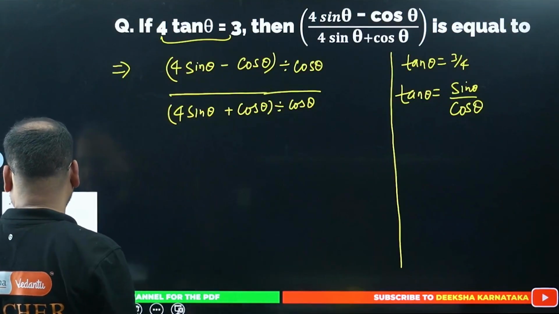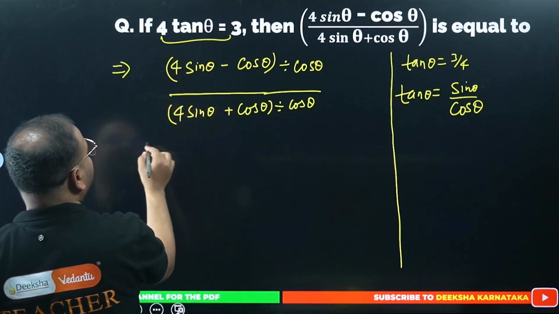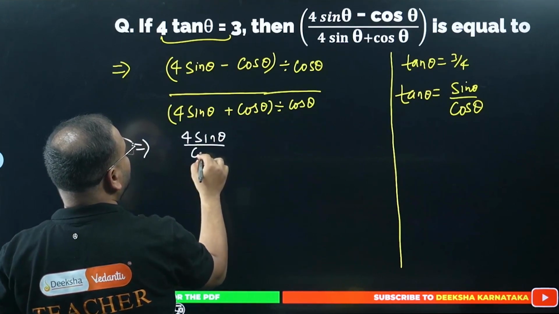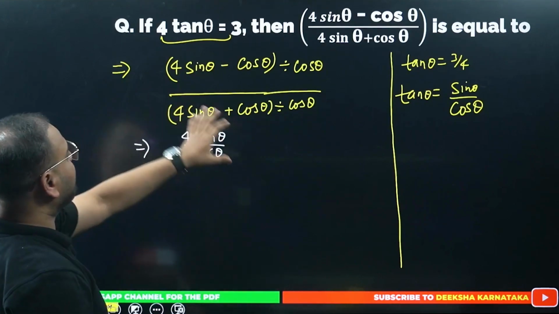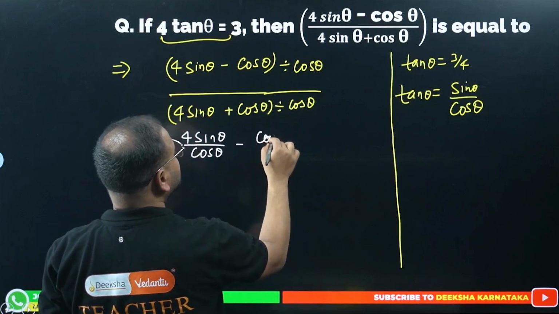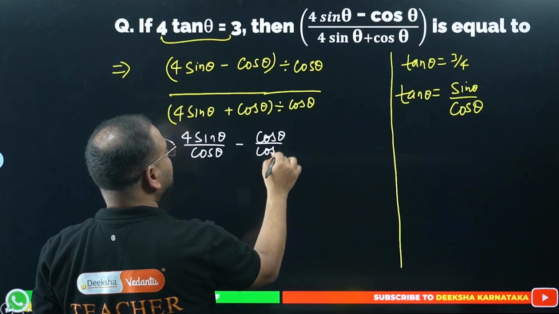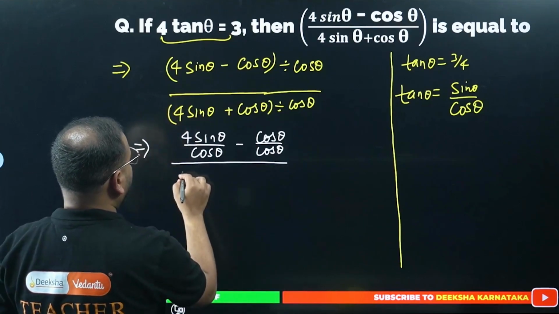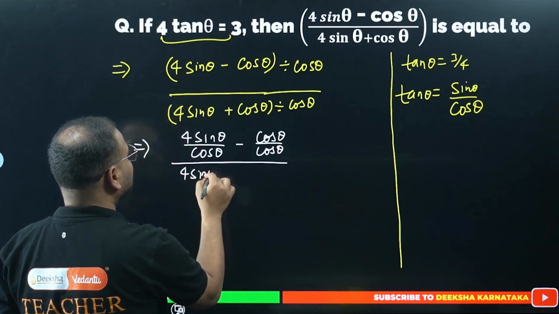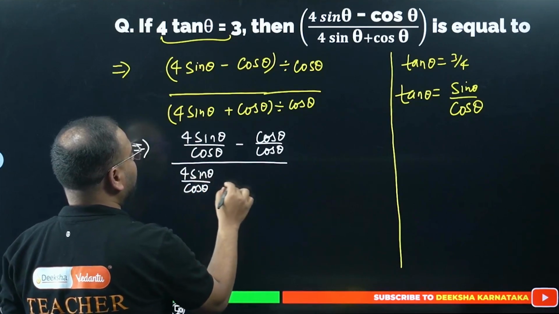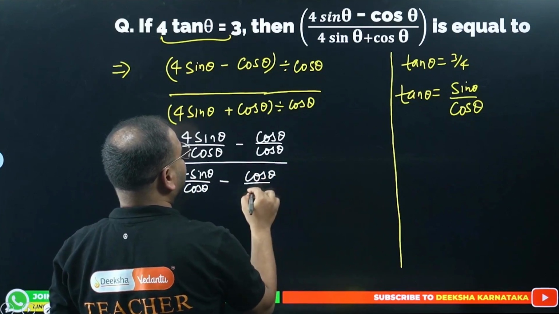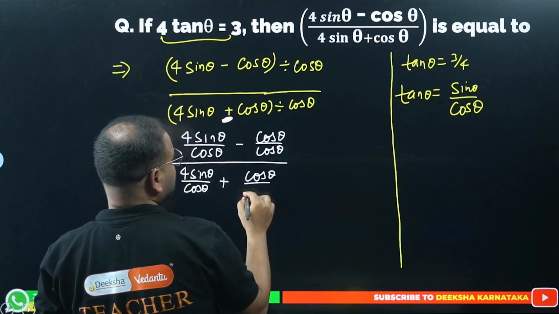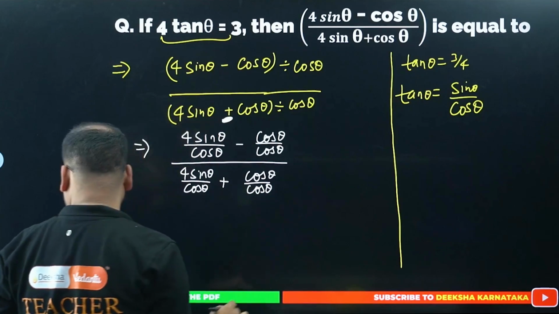Let's simplify. 4 sin theta by cos theta, division will hold for both the terms, minus cos theta by cos theta, divided by the big fraction, 4 sin theta by cos theta, sorry, not minus, plus. This is plus cos theta.